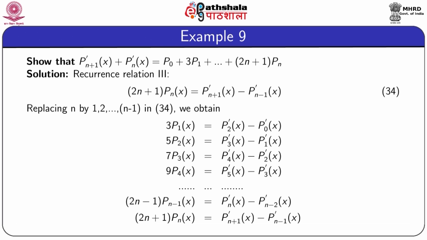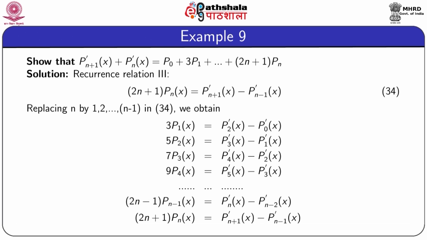In example 9, we have to show P dash n plus 1 x plus P dash n is equal to P 0 plus 3 P 1 plus dot dot (2n plus 1) P n. Recall recurrence relation 3, which is (2n plus 1) P n is equal to P dash n plus 1 minus P dash n minus 1, given by equation 34.